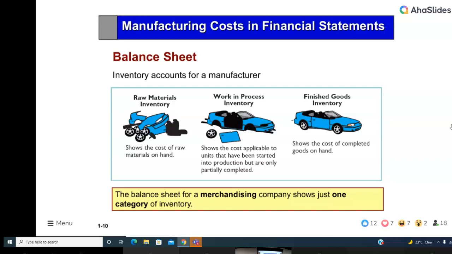to convert the raw material to finished goods. So now on the balance sheet, the difference for a manufacturing company from a merchandise company is simply that we have now three inventories that we account for. The raw material inventory, we know what that is. We paid for the big pieces of wood and the metal.